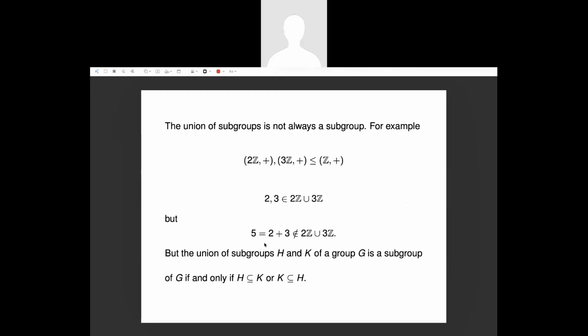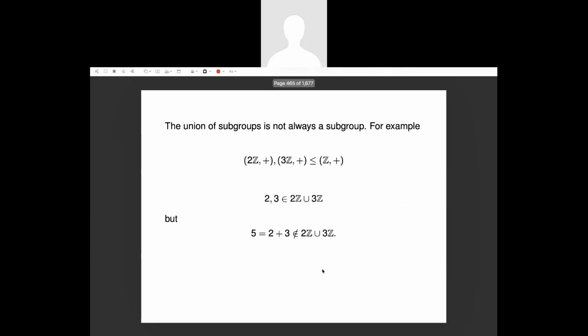But the next question I ask is: when can we say that the union of two subgroups is a subgroup?